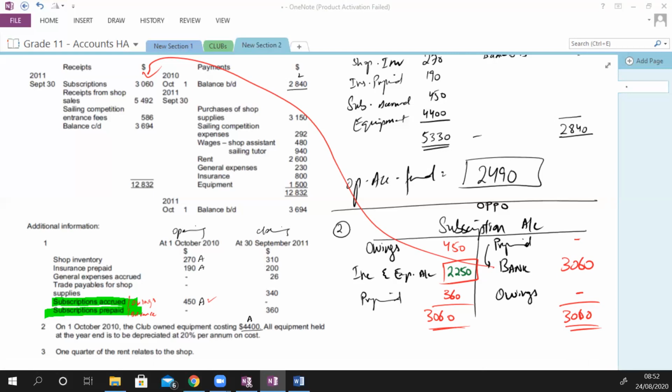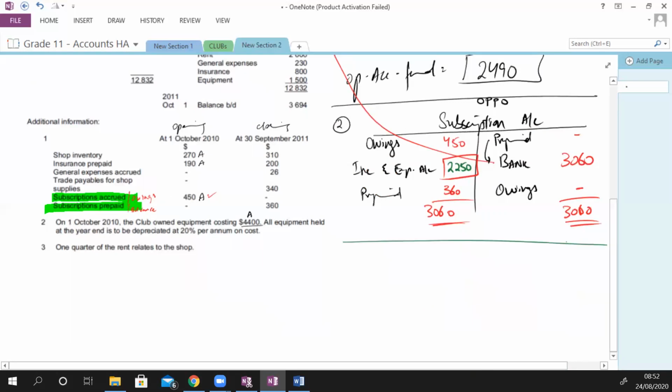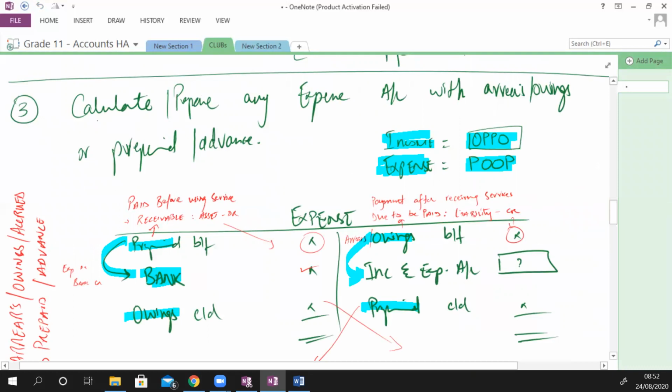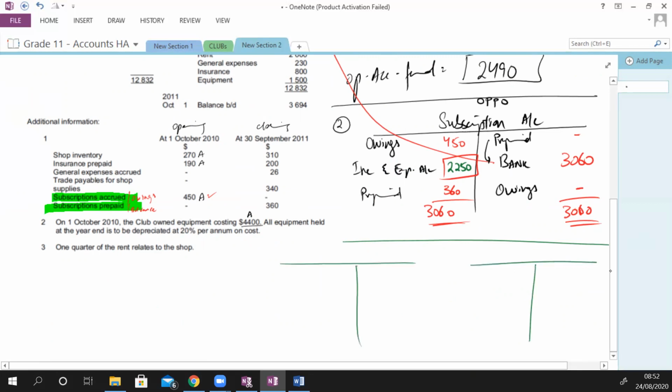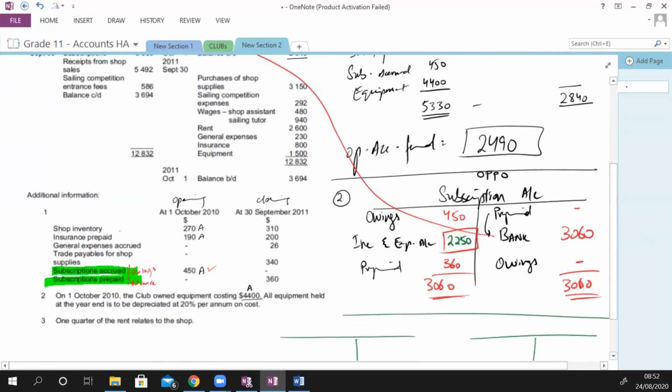ओके, इसके बाद स्टेप नंबर 2 हो गया ये। उसके बाद स्टेप नंबर 3 क्या था? लेट्स लुक एट स्टेप नंबर 3. Calculate, prepare any expense account with arrears and owings or prepaid or advance. ठीक है, any expense that has arrears, owing, prepaid or advance, we need to calculate. You need to prepare the expense account. ठीक है जी. There were 2 accounts. One is insurance, one is general expenses.